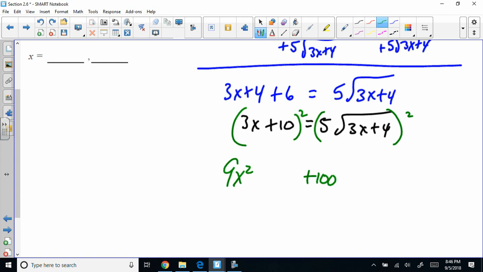Did you say 100 or 10? 10. Oh. Them different from 100. All right, so what's 3x times 10? 3x times 10 is 30x, right? Times the 2 is what? 60x. So we multiplied that, right?